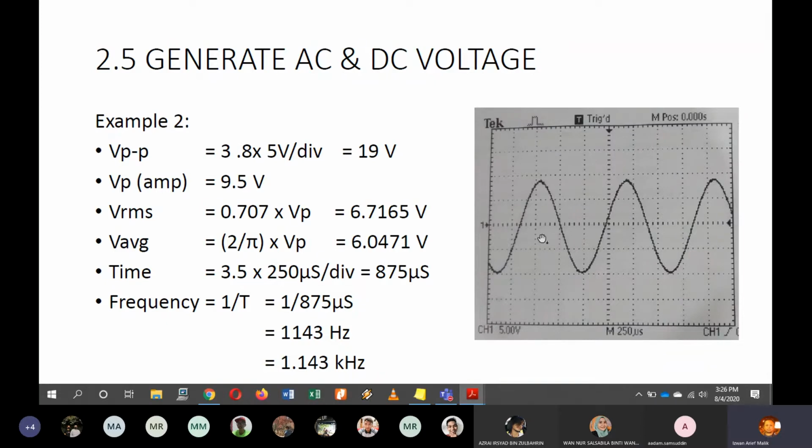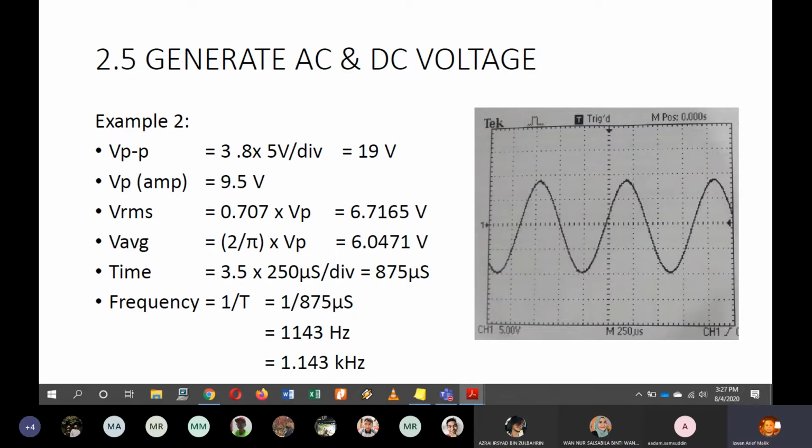Let's say you take from this vertical line here, for the negative part, it is taking 2 complete divisions. Alright, but for the positive part, it is not taking 2 complete divisions. It stops somewhere 0.2 from the second division.